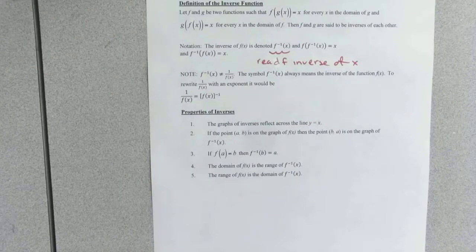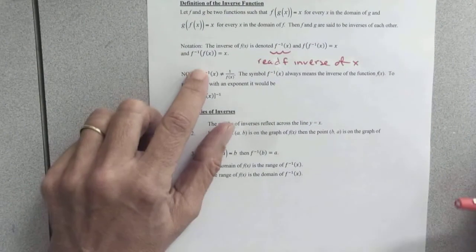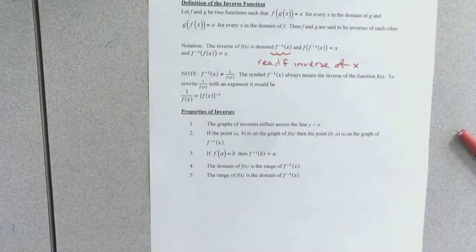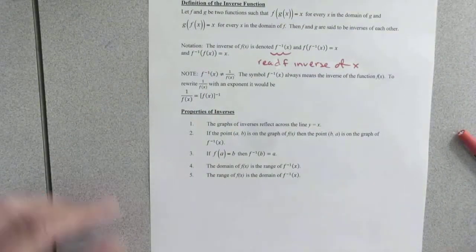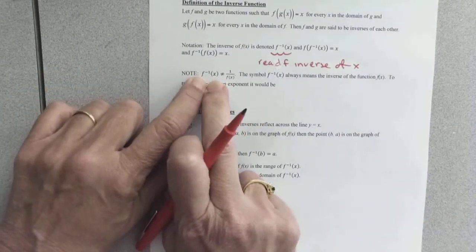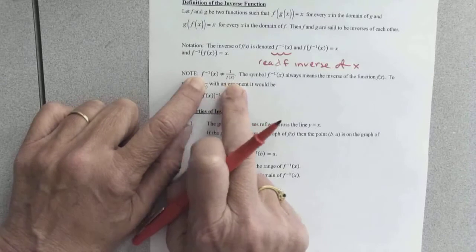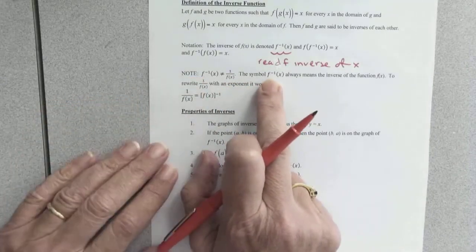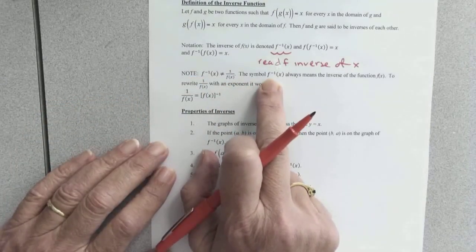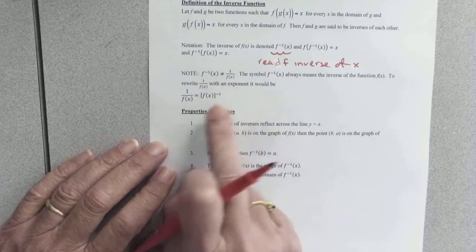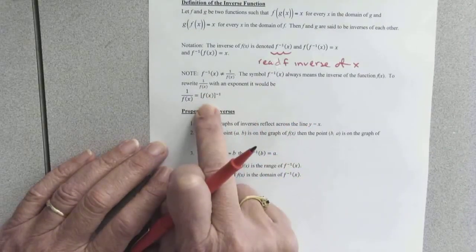And so if f and f inverse are inverses of each other, when I do their compositions, they have to undo each other because that's what inverses do. Note, f inverse of x written that way is not 1 over f of x. The symbol f inverse of x always means the inverse function of f.